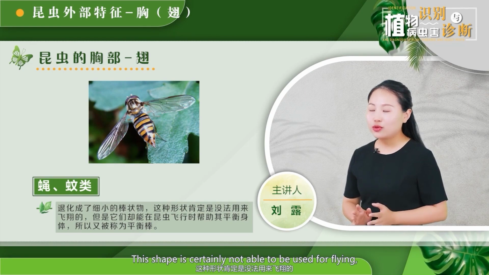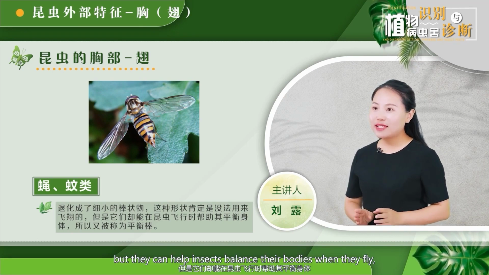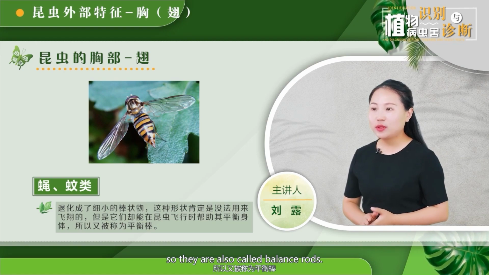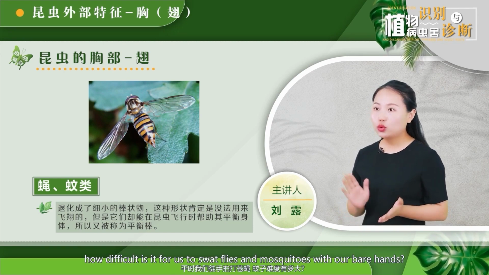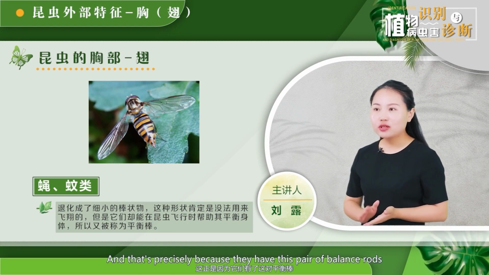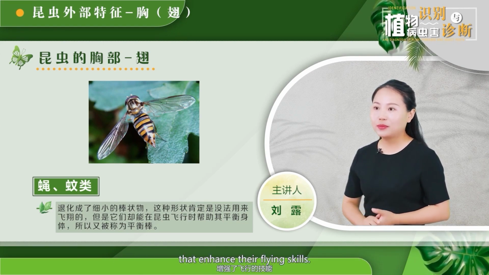This shape is certainly not able to be used for flying, but they can help insects balance their bodies when they fly, so they are also called balance rods. Think about it. How difficult is it for us to swat flies and mosquitoes with our bare hands? And that's precisely because they have this pair of balance rods that enhance their flying skills.